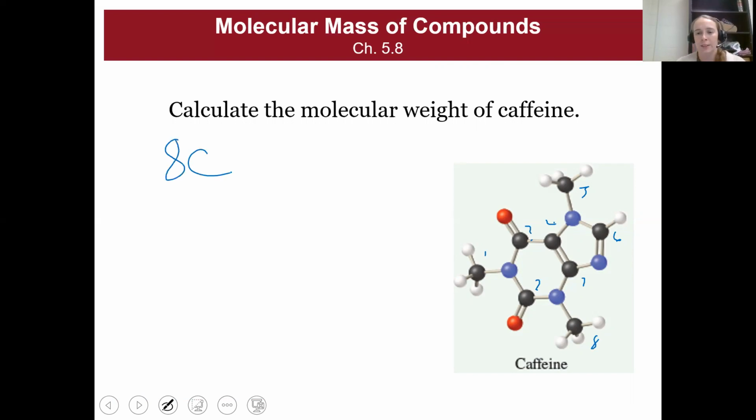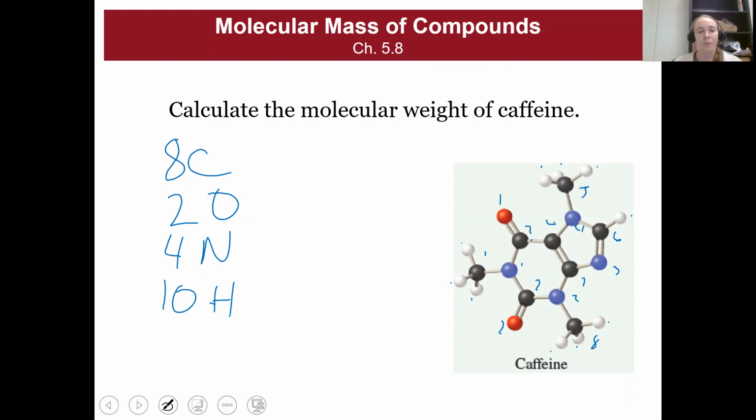We've got 2 oxygens, the 2 red ones. We've got 4 nitrogens, those are the blue ones. And hydrogens, we've got 10 hydrogens. Hopefully I counted all of those right. If not, feel free to correct me in class.